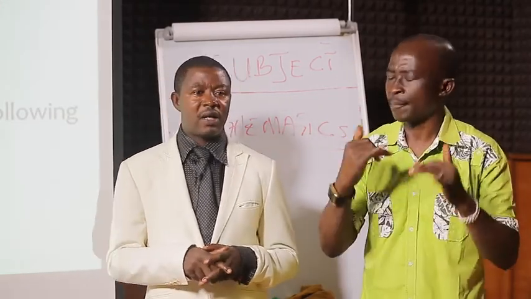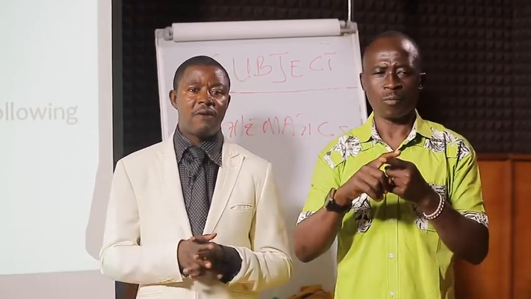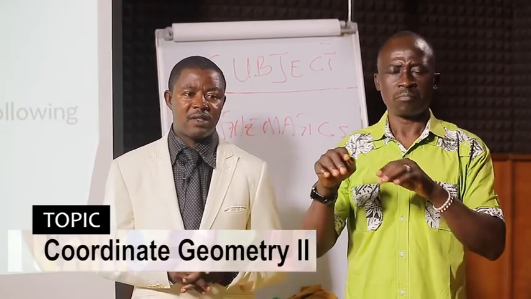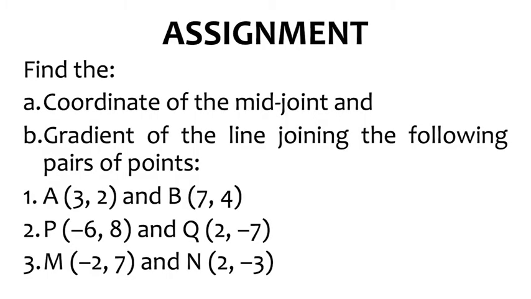Now, before we conclude the lesson, I need to give an assignment for you to practice applying the formulas as given. The assignment goes as follows. Find the coordinates of the midpoint and also the gradient of the line joining the following pairs of points. Question 1: A is (3, 2) and B is (7, 4).